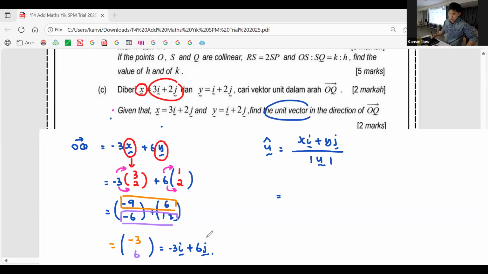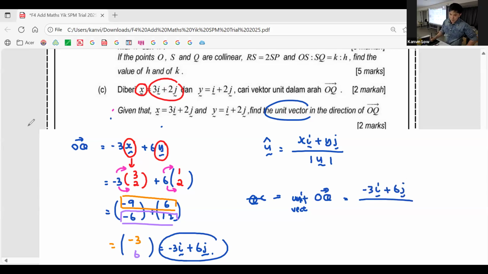So for OQ, the unit vector will be equal to, first of all, this vector you put on top: -3i plus 6j. Below, how do I find the magnitude? What is the formula for magnitude? It's the square root of x squared plus y squared, no modulus. So it's -3 squared plus 6 squared, and then you square root it.